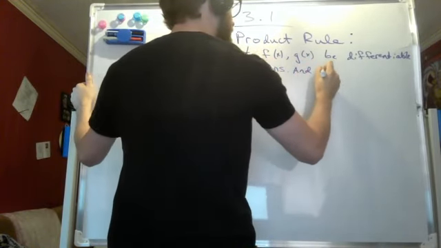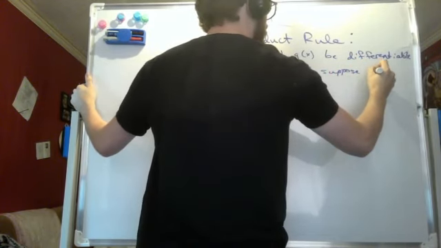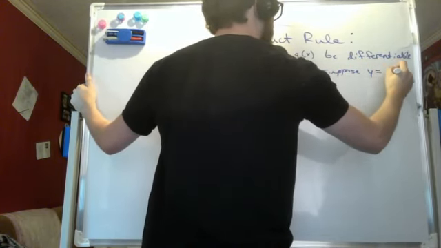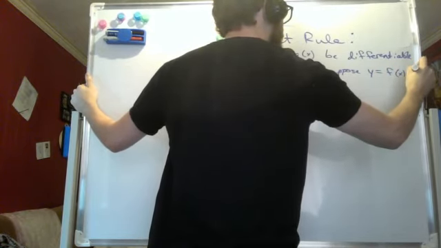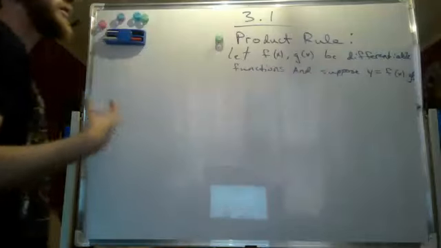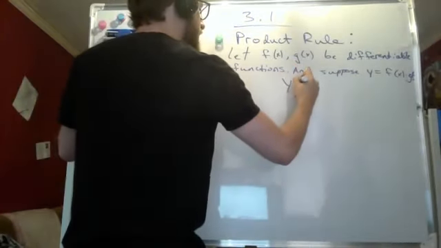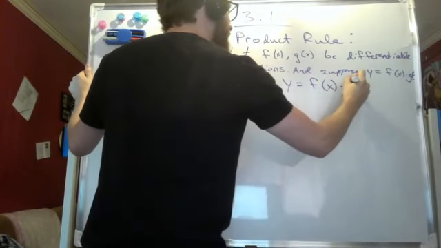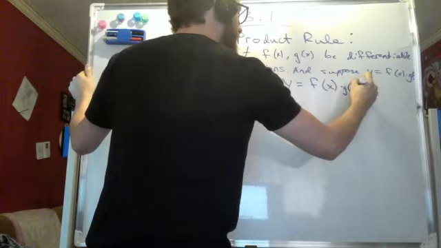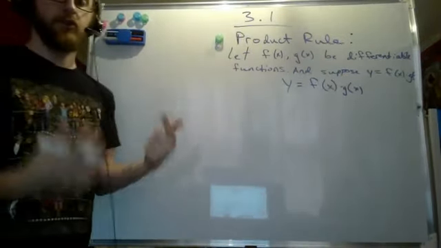And suppose y equals f of x times g of x. Now this is why we call this the product rule. Anytime we're dealing with an equation that is some function of x times another function of x, this rule is going to come into play when we want to find our derivative.